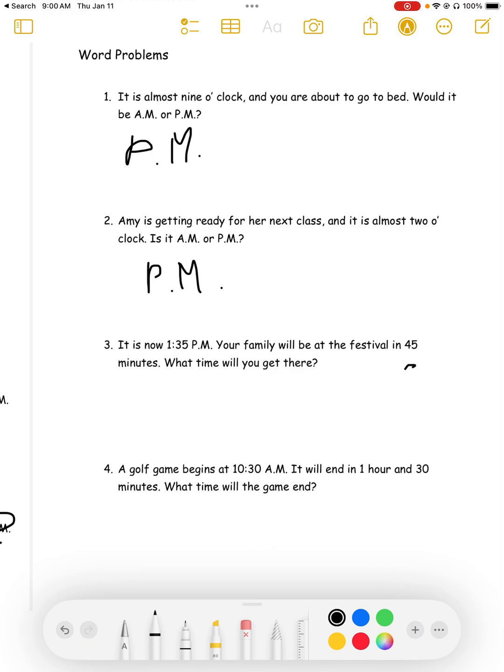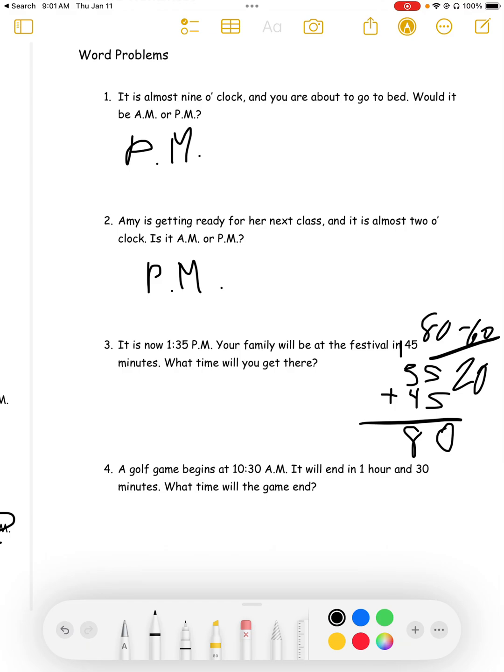We'll line them up. 5 plus 5 is 10, and 3 plus 4 is 7, plus another 1 is 8. And when you subtract 80 minus 60, it equals 20, because 60 is a full hour, and we can't write 280, because that wouldn't make sense. So we'll get there at 2:20.